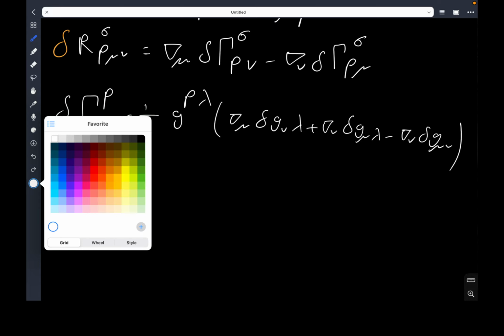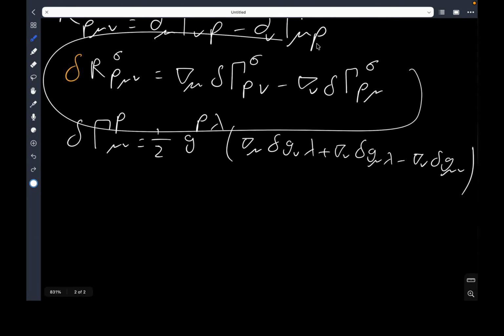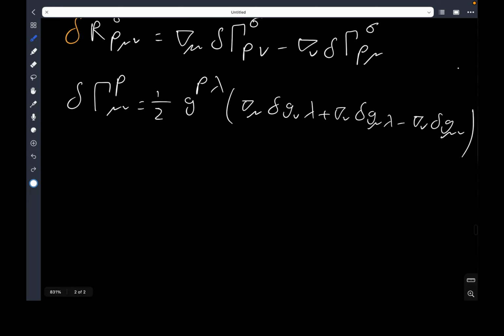But we can use another trick, and remember that first let's calculate the Ricci tensor from the Riemann tensor.